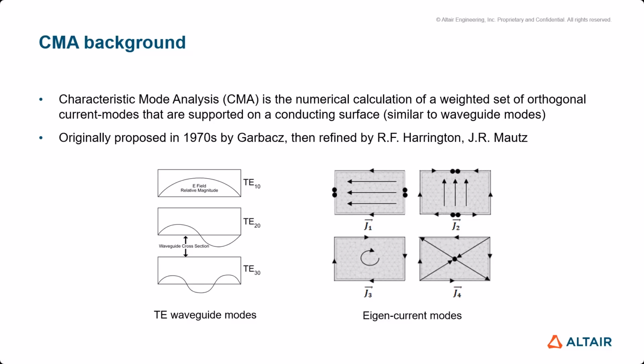This method was originally proposed by Garbacz in the 1970s and later refined by Harrington and Mautz. You see a visualization of eigencurrent modes, for example, for a rectangular patch, where each mode is a different unique current distribution.